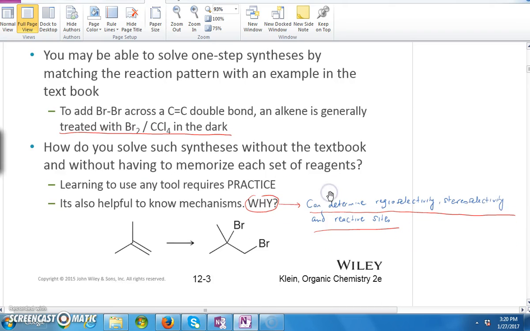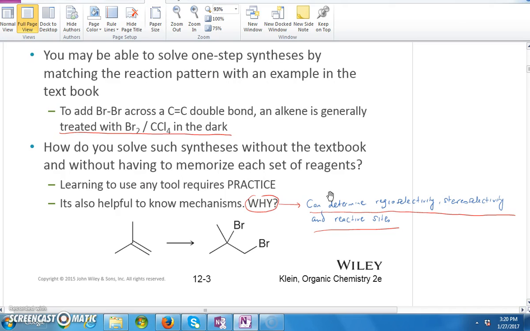So to be able to carry out any transformation, you need to know what the reagent is doing.